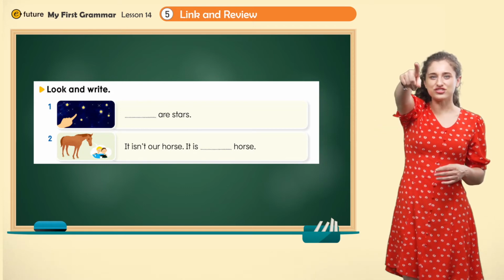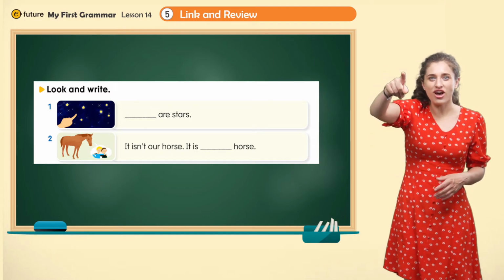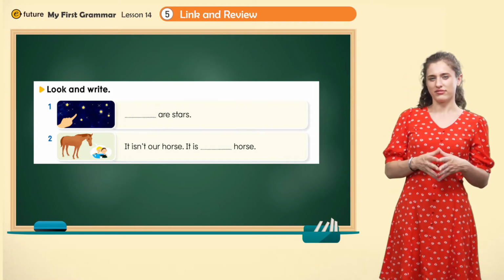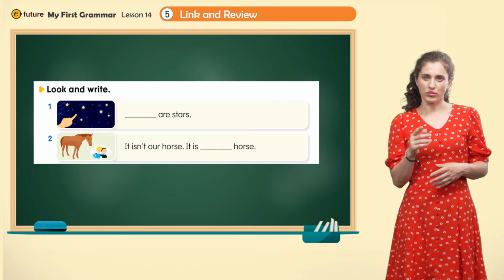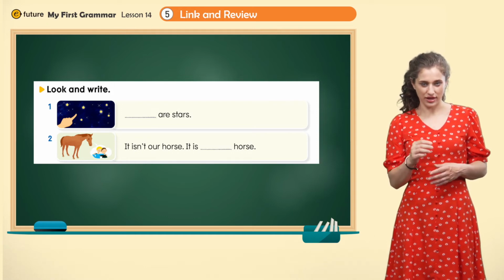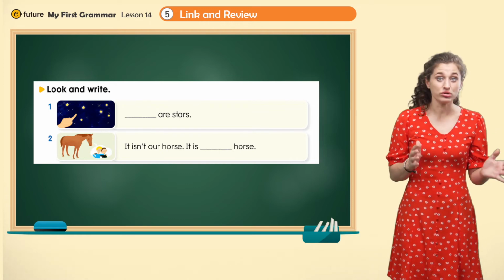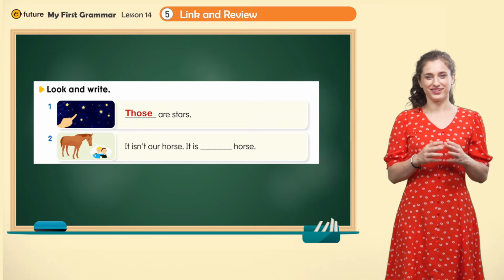Wow, look at the stars. Let's point to the stars. What are those? Those are stars. Okay, now look at the book. Number 1, what do you write in the blank? Those. Yes, those are stars. Write those in the blank.